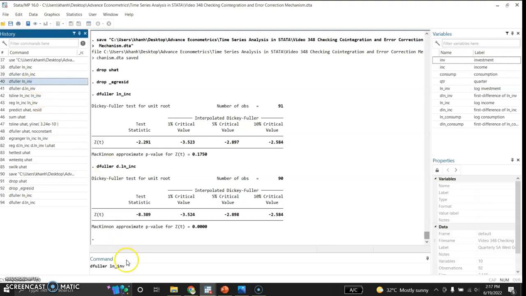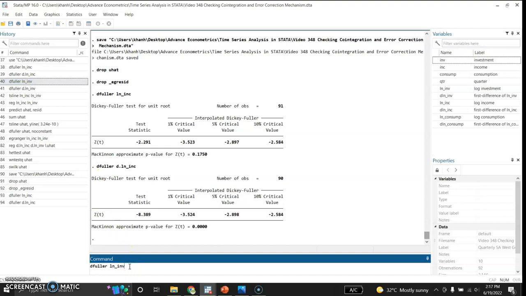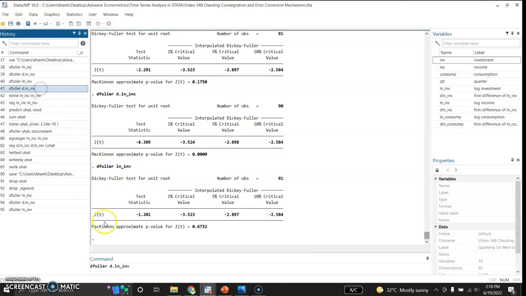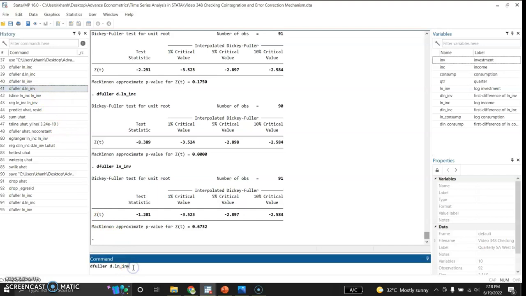Next, I'll check log of investment using Dickey-Fuller, and the p value is 0.67, which is greater than 0.05. So it means that this series, the natural log of investment, has a unit root. It is non-stationary at level. Now let me check this using the first difference of the natural log of investment using the Dickey-Fuller test, and here is the test result.